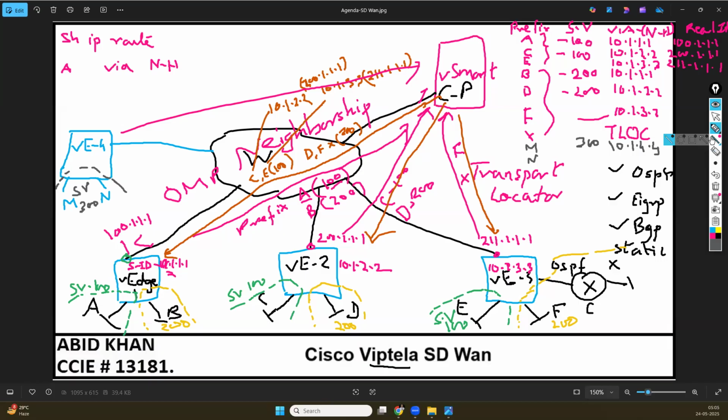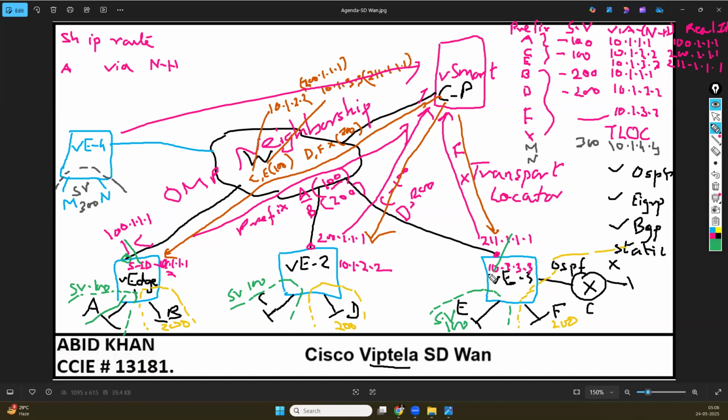There will be an IPsec tunnel. So VH1 will establish an IPsec tunnel from here to here, like this. And then the user of A, when data comes from here, it will come normally up to here. But when VH1 checks, it will say that yes, E is available via 10.1.2.2, and 10.1.2.2 is available via the real IP address 200.